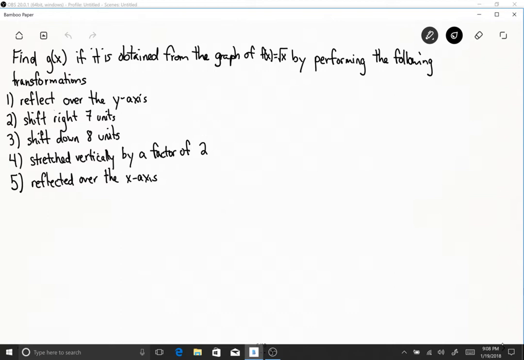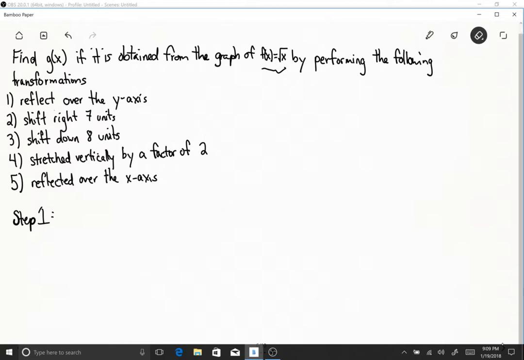Let's try another. So now we're going to deal with f of x equals square root of x. What happens here? So on our step 1, same thing, we're doing a sequence of these. I'll do a horizontal here in this case.